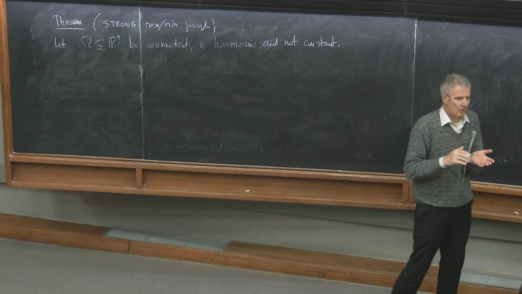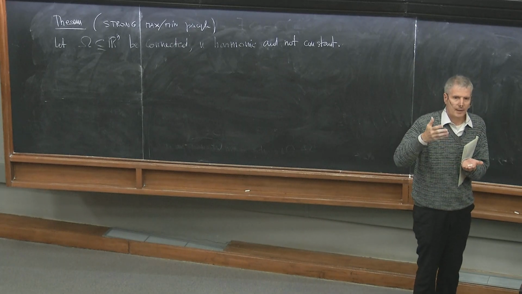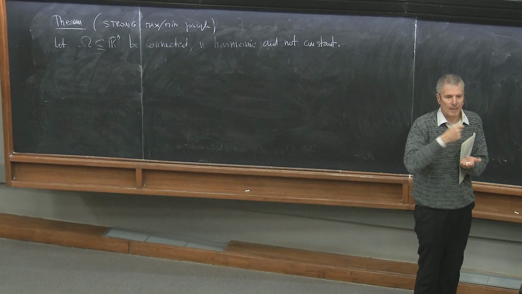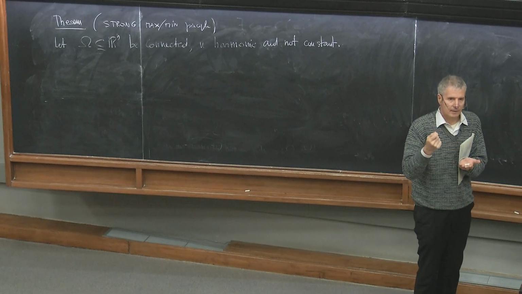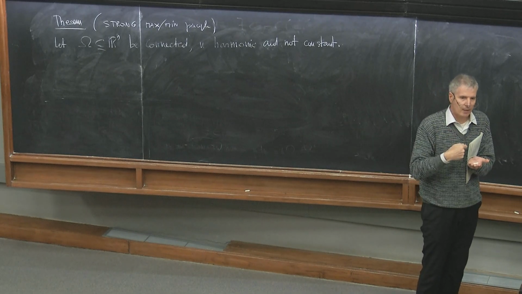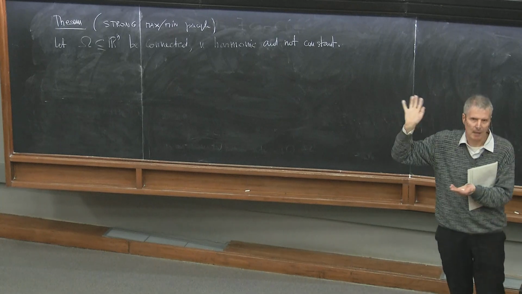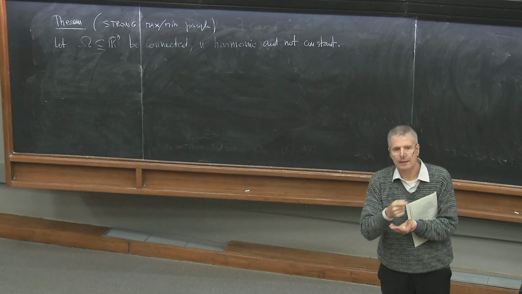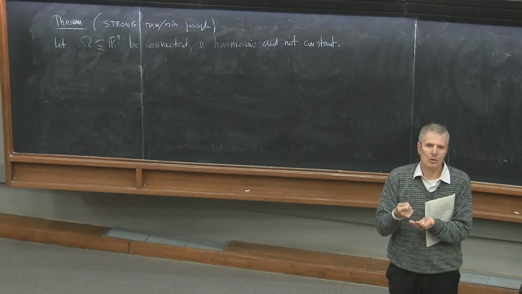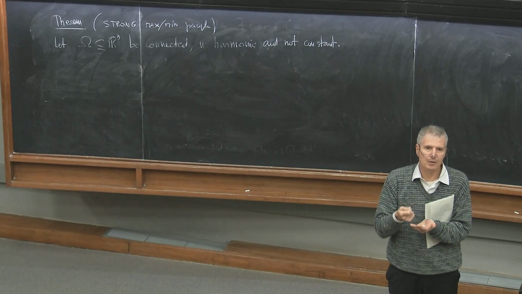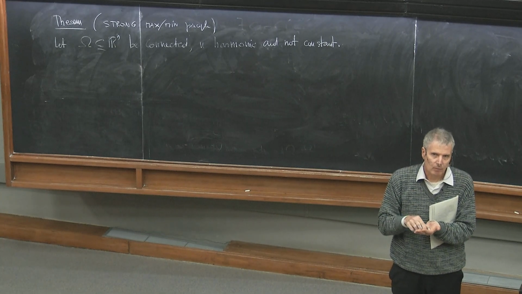We know that for a harmonic function, the maximum value is attained at the boundary, and the minimum value is attained at the boundary, if omega is bounded, say. But we cannot exclude that there are other interior maximum or minimum points.